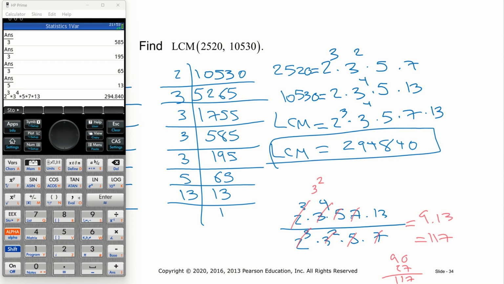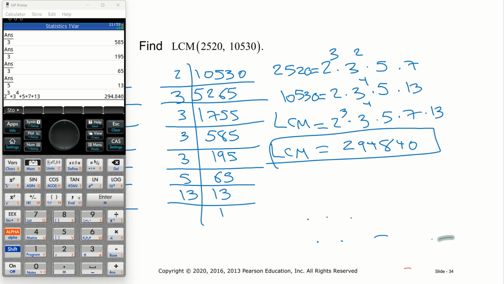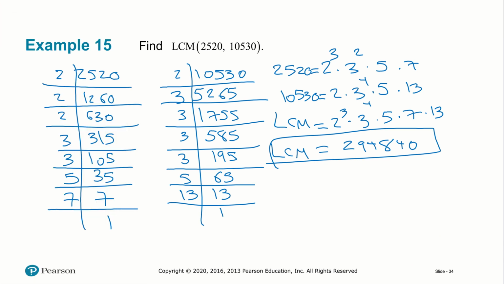All right, let me erase this down here real quickly because I want to show you something else. And that is this fact. I told you, once you have the prime factorization, you can find both the GCF and the LCD very quickly. Notice that for the GCF, or the GCD, we usually call it, right?